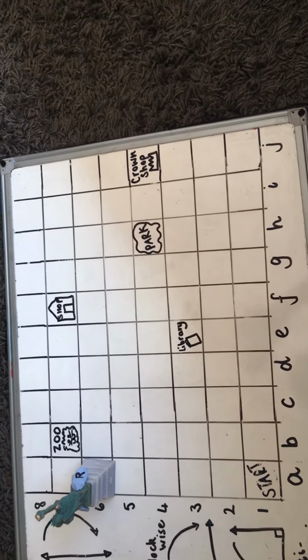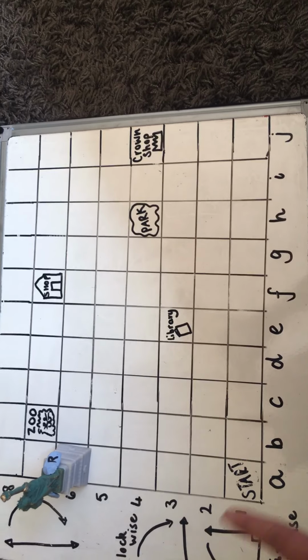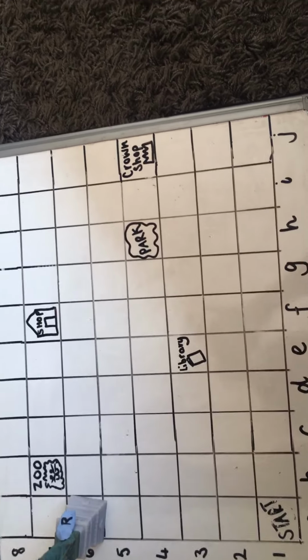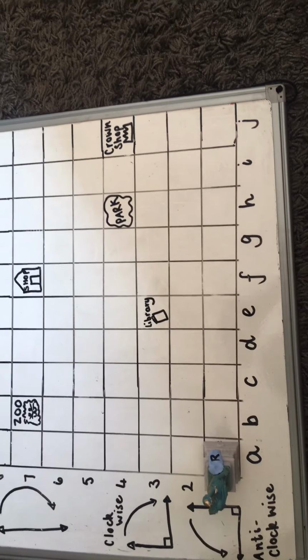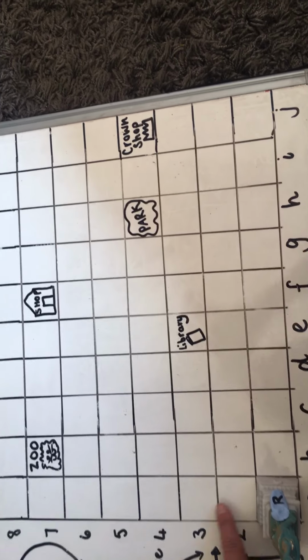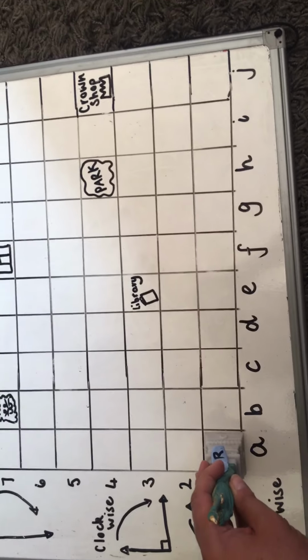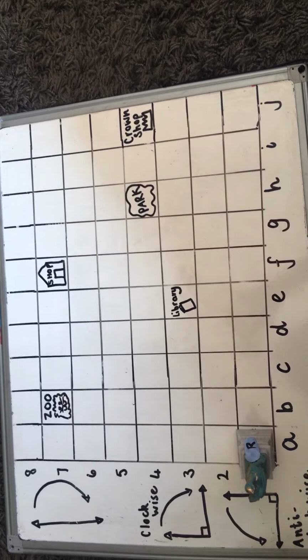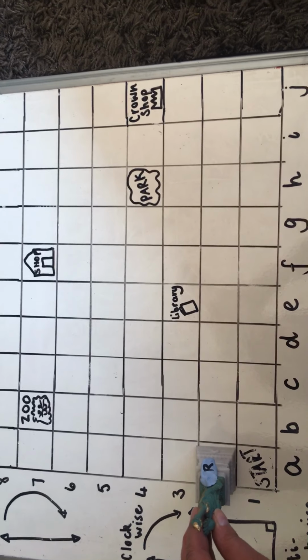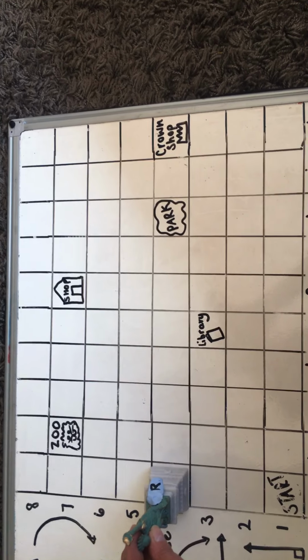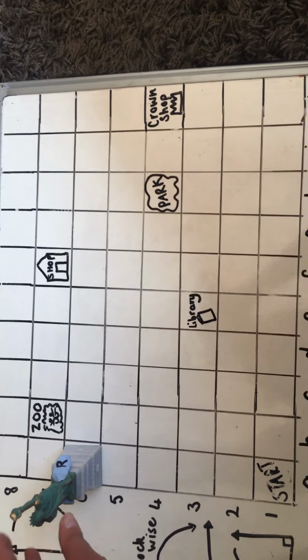And remember, boys and girls, it's the hops that we count. We don't count the actual squares, it's the hops. You don't count the square that she starts in. Otherwise that would be 1, 2, 3, 4, 5, 6. We don't count that square because that's where she already is. We just count the hops. So forward, 1, 2, 3, 4, 5.